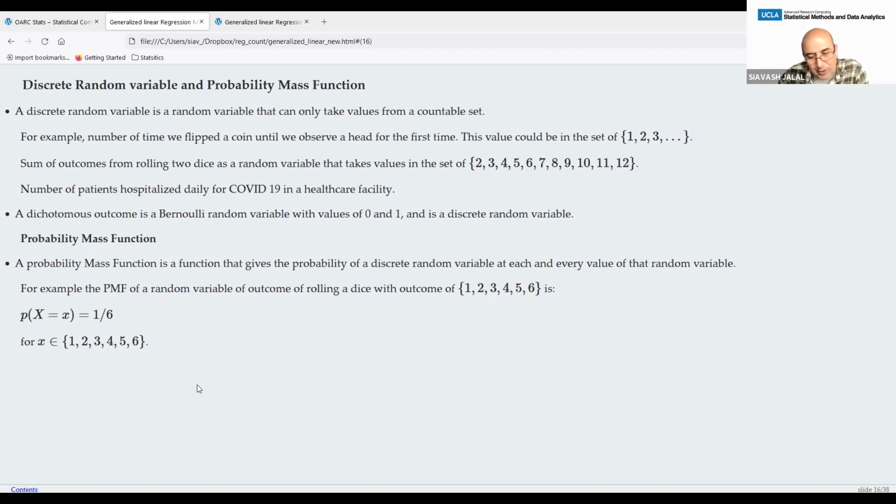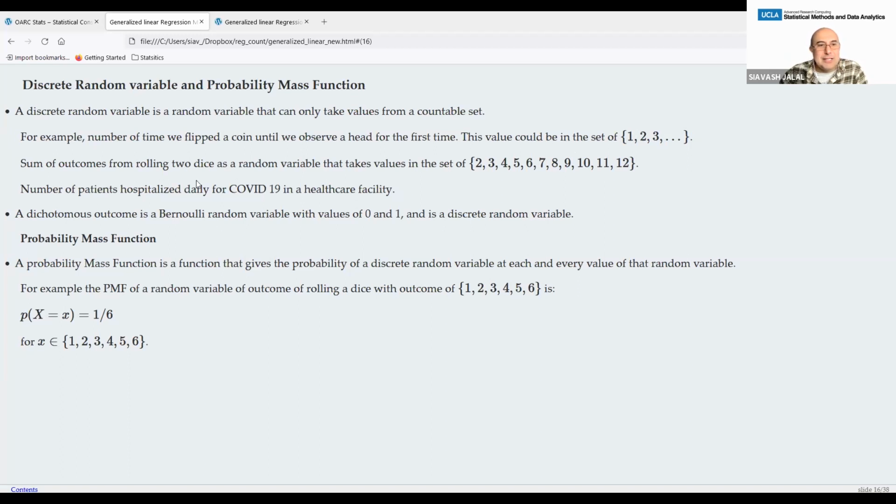If you flip a coin until you get the first head, the number of times you need to flip could be 1, could be 2, could be 3, could be more. Although the probability is very small, there is a chance, right? So this is the domain of the values that the variable can get, which is positive integers: 1, 2, 3, and all the integers, but not 0.